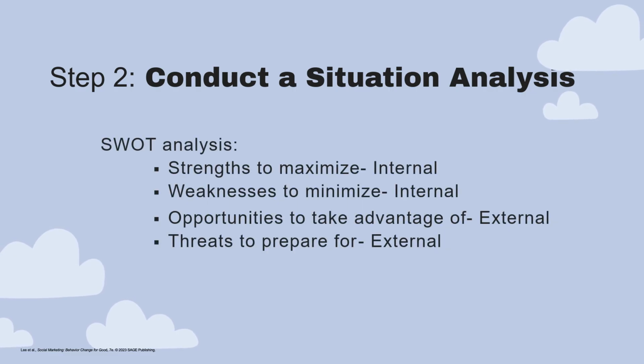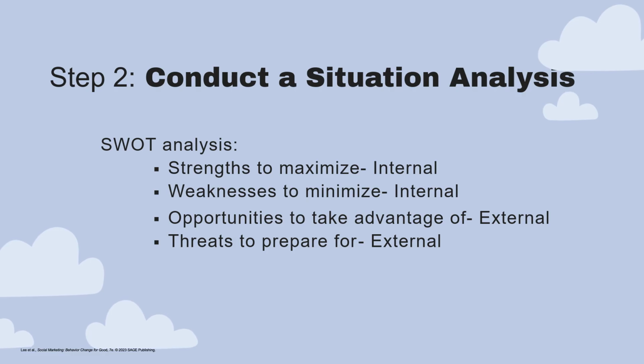Conduct a situational analysis, step 2. SWOT analysis is short for strengths, weaknesses, opportunities, and threats. It is a quick audit of factors and forces in the internal and external environments that may impact subsequent planning decisions. A SWOT audit recognizes organizational strengths to maximize and weaknesses to minimize.